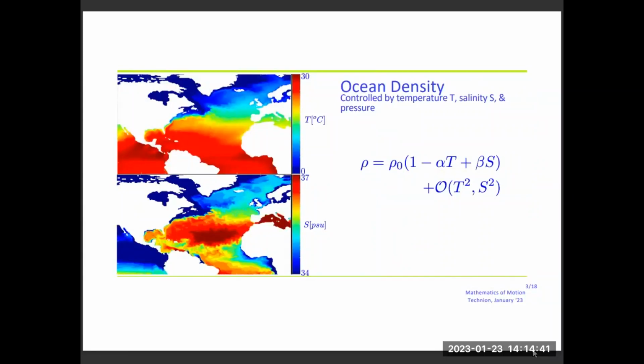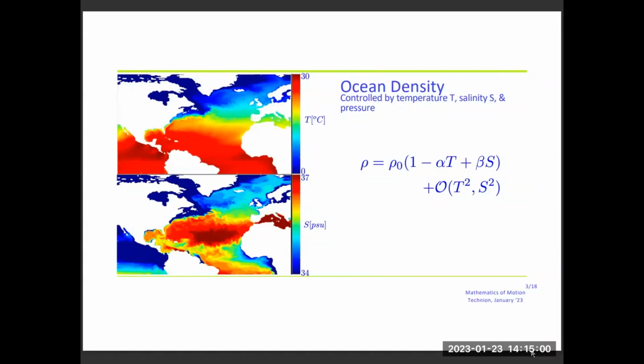Okay, ocean density. We're talking about the density of water in the ocean, and the relevant tracers in charge of density in the ocean are temperature, salinity, and pressure. What I'm showing here is the linear equation of state for the water. You'll notice that I don't have P, pressure, here.